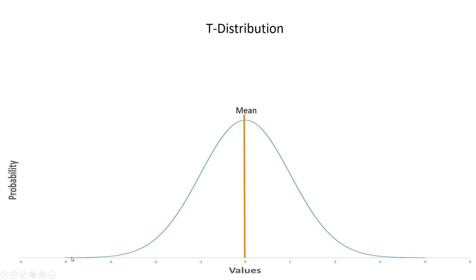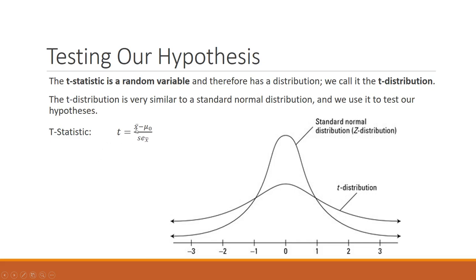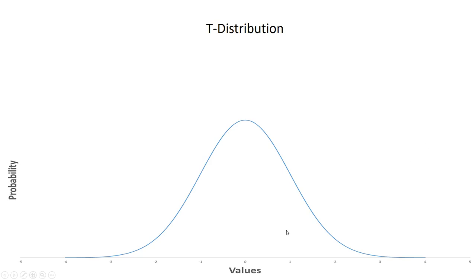Just to make this clear, this t-distribution is the distribution of possible t-statistics, based on values of our sample mean. All this is doing is normalizing our particular observed value so that we can know how extreme it is and we can test our hypothesis. But we're going to go through it step by step to see how this hypothesis testing works.